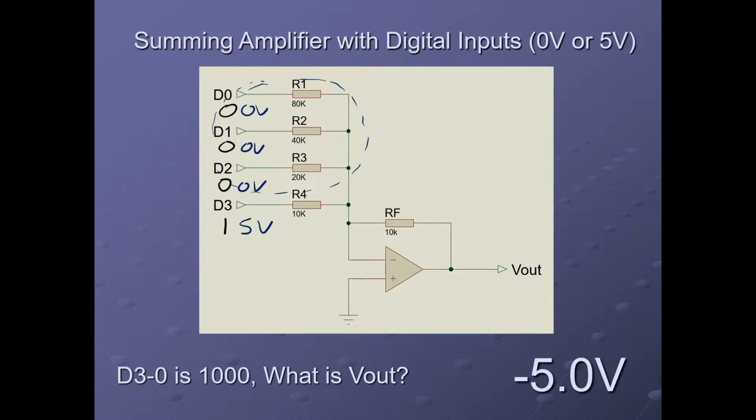What I've actually got is just an inverting amplifier with Rin 10k and RF 10k. That gives me a gain of -1. If all these are zeros, then they're not having any effect on anything. So this is just an inverting amplifier with a gain of -1. If I put 5 volts in, then I get -5 volts out, because 5 times -1 is -5.